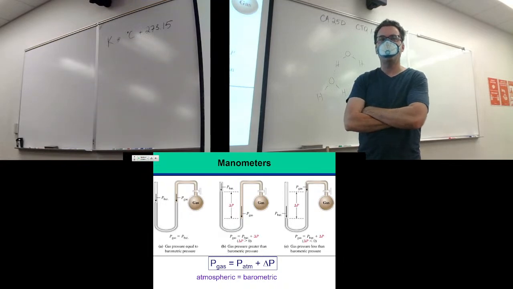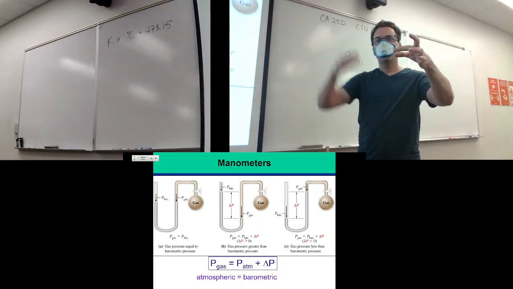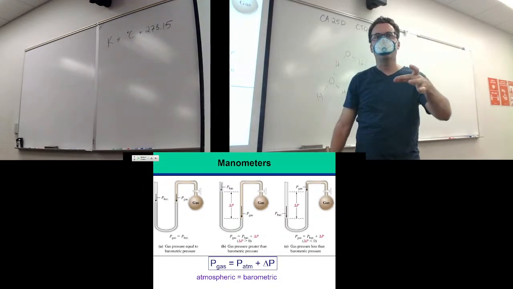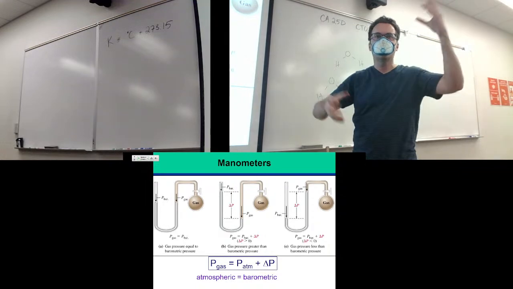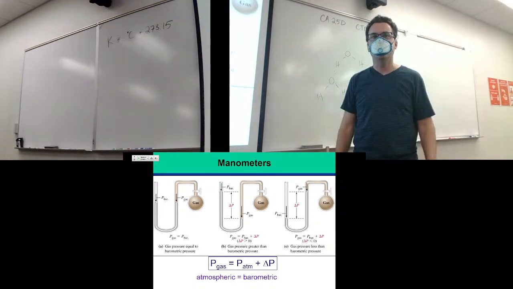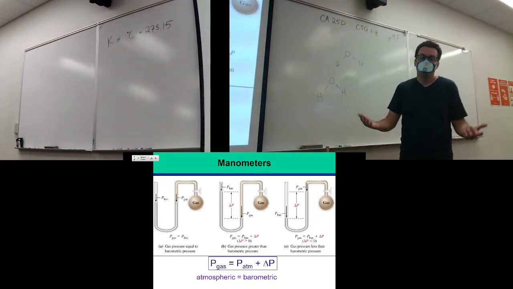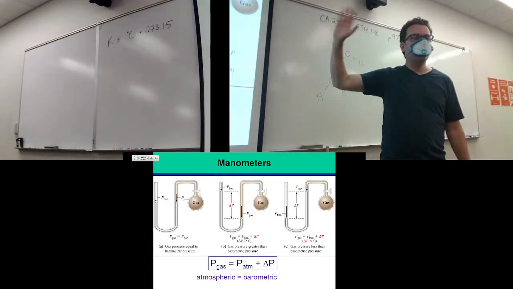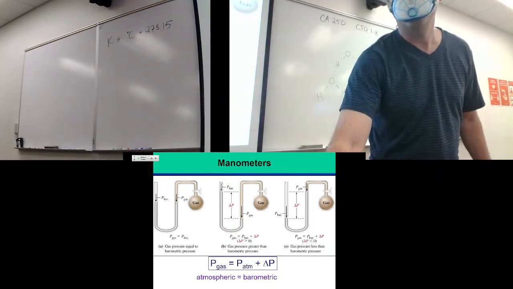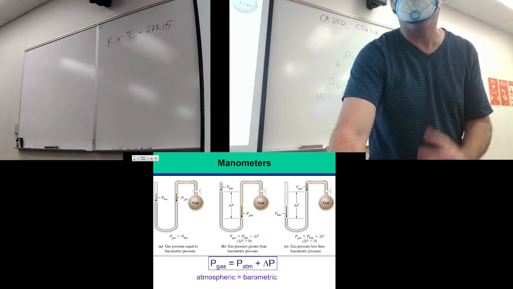You'll still get the same height difference because the larger surface area is more area for the atmosphere to push on, and the weight on each side is going to be even until the heights are the same. It just works. Again, we do not use these tools anymore because of mercury, but it's good to understand how this works so that you have a good grasp on what pressure is.